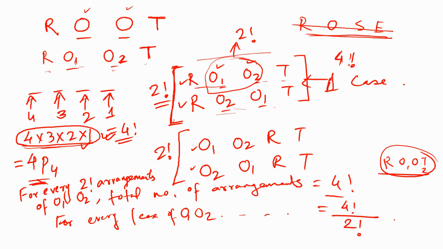Hope you guys have understood this concept. So let's move on, and we will build this concept again. We will discuss another example here. Let's say there is another word, INSTITUTE.